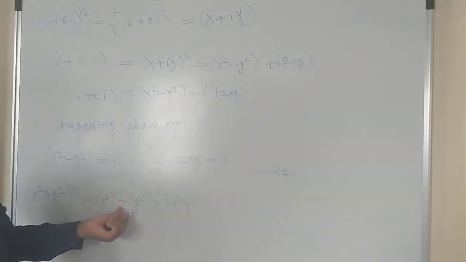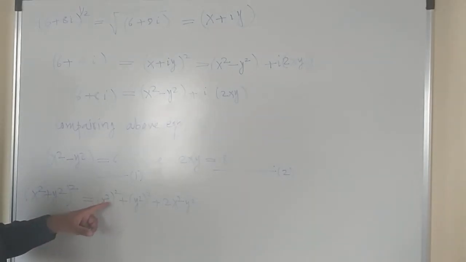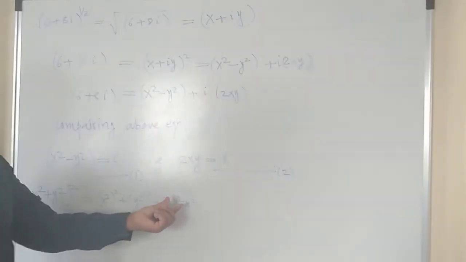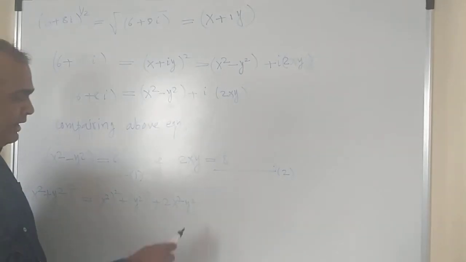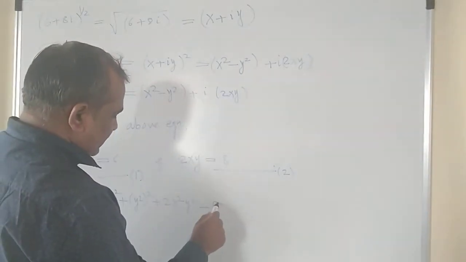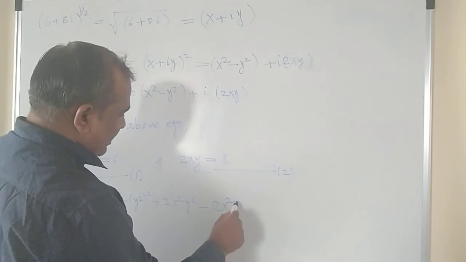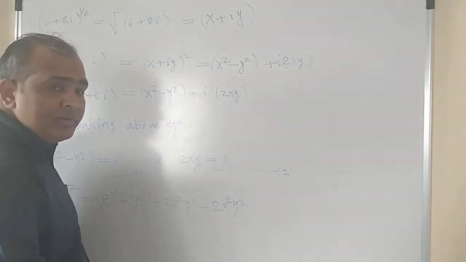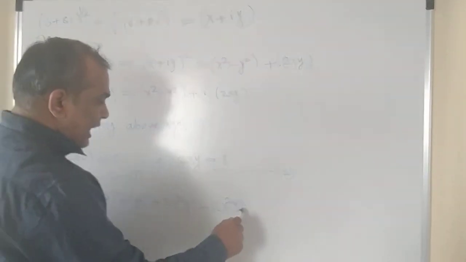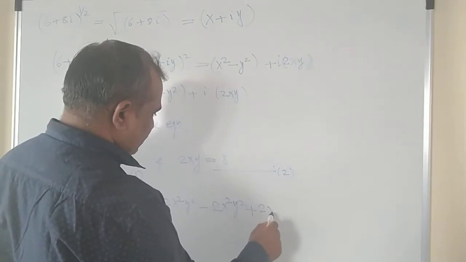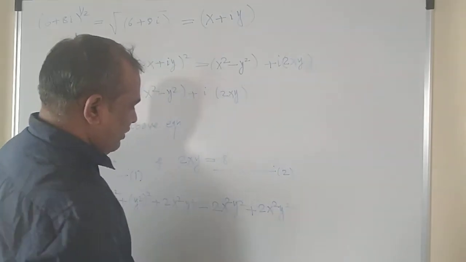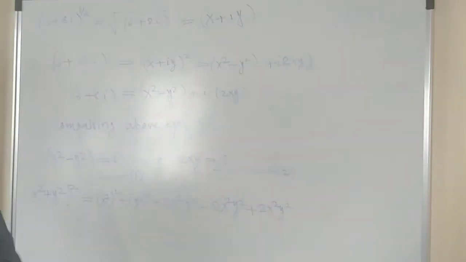You will get x square minus y square only when the right hand side has x square plus y square minus 2x square y square. If you subtract this term, you should add it back, so plus x square y square, so that there is no change on the right hand side.